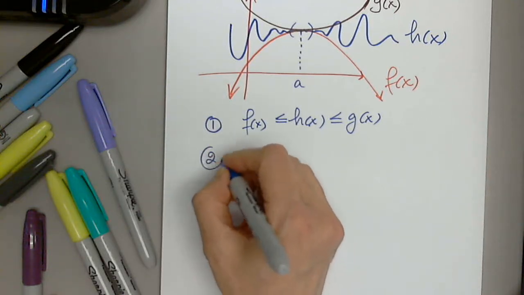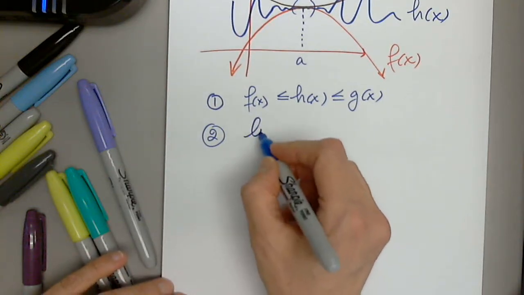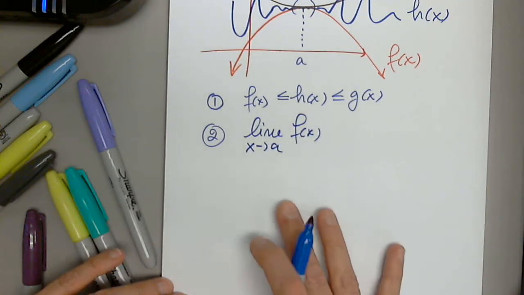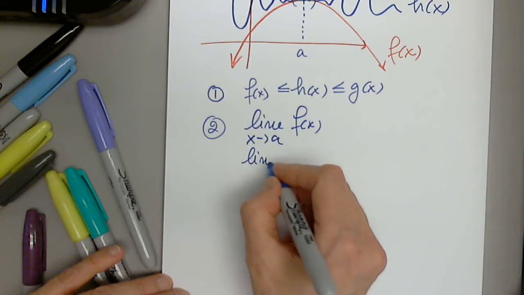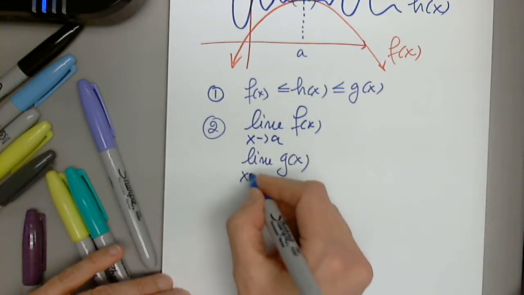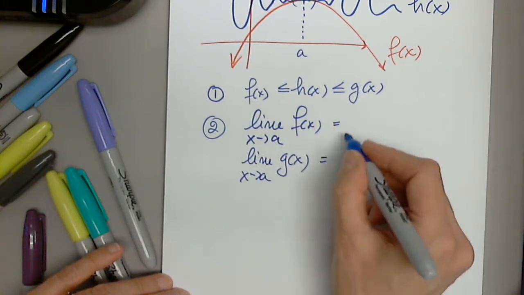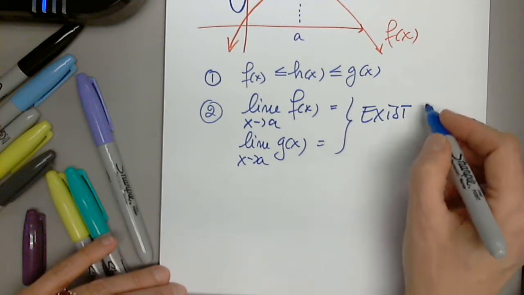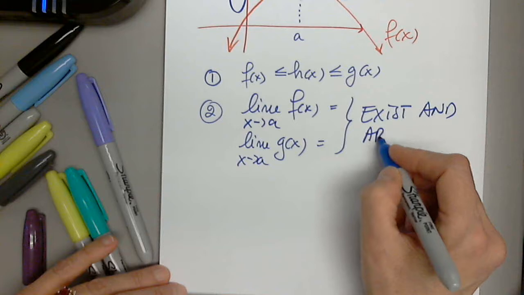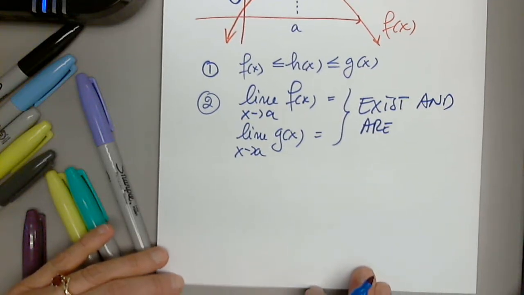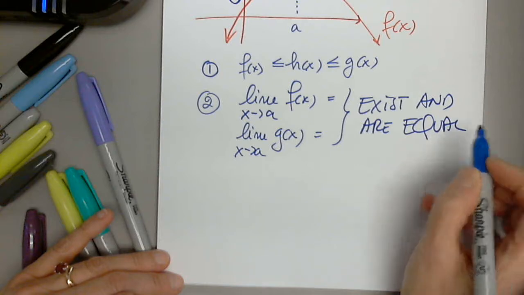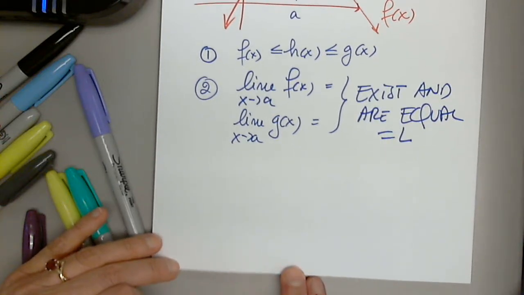And number two, that the limit of f of x as x approaches a and the limit of g of x as x approaches a both exist and are what? Exactly. Let's say equal to L.